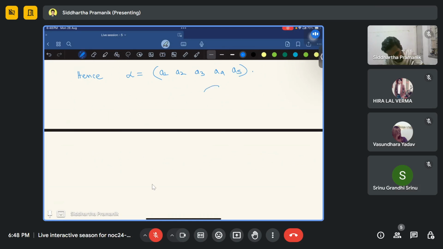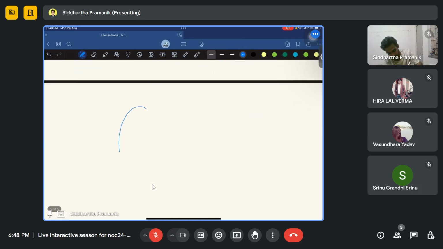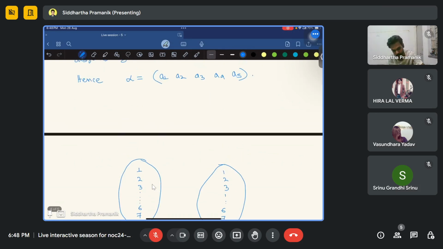Basically alpha is a bijection of 1, 2, 3 up to 7. Each ai belongs to 1, 2 up to 7.